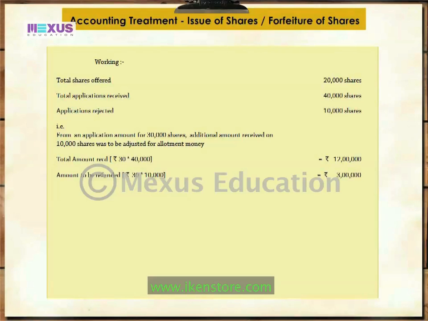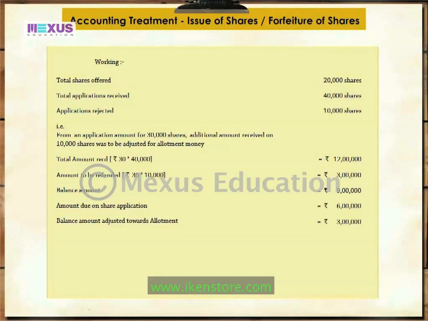Amount to be refunded 30 rupees into 10,000 shares equal to 3 lakh rupees. Balance amount equal to 9 lakh rupees. Amount due on share application is equal to 6 lakh rupees. Balance amount adjusted towards allotment is equal to 3 lakh rupees.